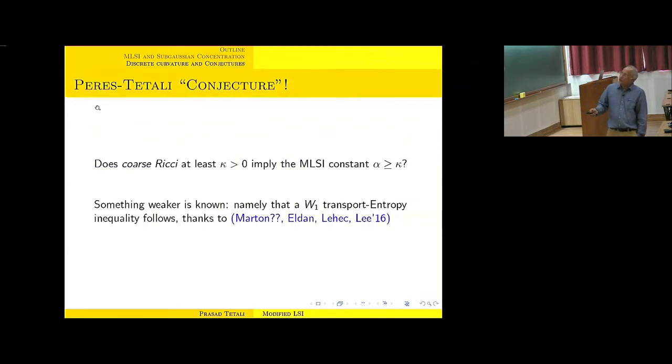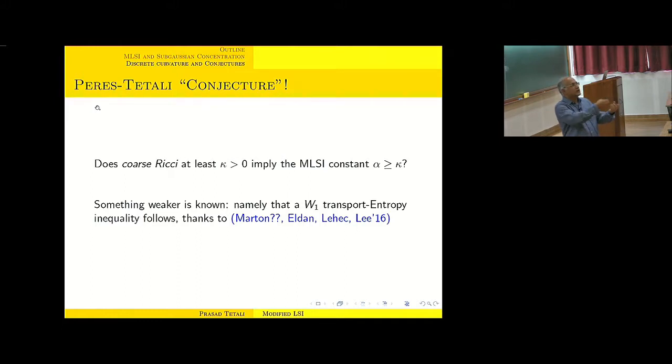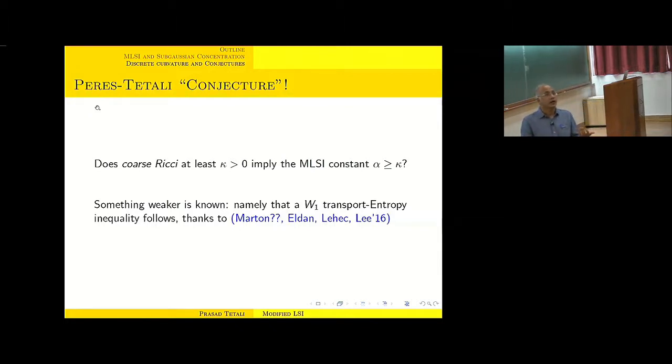What I wanted to mention is the reason I showed you this coarse Ricci curvature. Yuval Peres asked this question: if you have a lower bound of kappa in the sense of coarse Ricci, meaning suppose using path coupling you could show curvature is at least some kappa, could it be that the log-Sobolev constant is at least kappa?